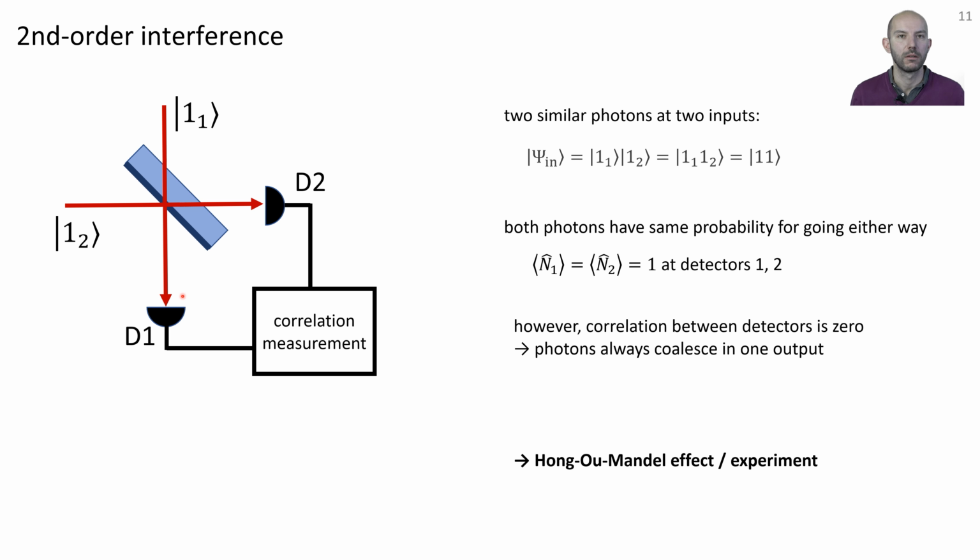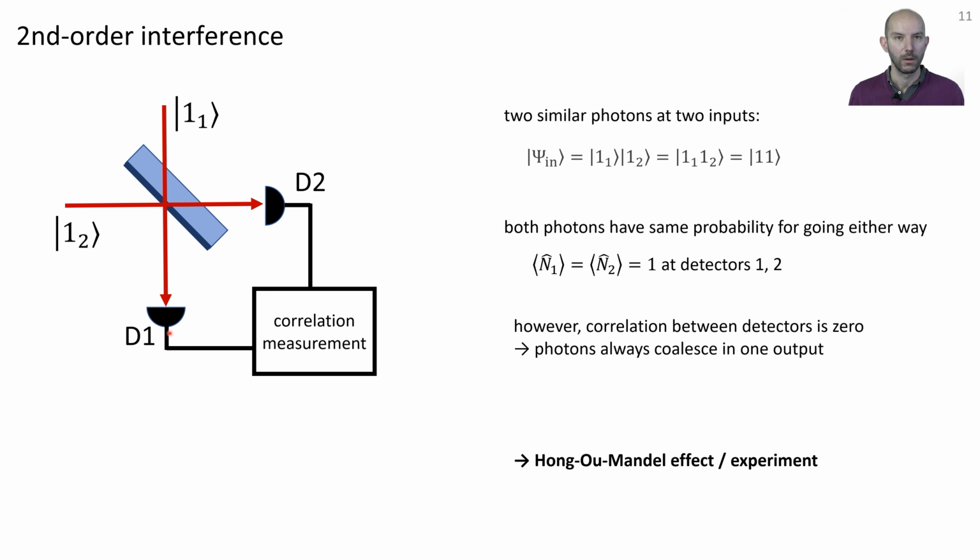Let's look at this a little bit more formally. What we have at the input is basically a multiplication of these two single photon states, one photon in arm 1, one photon in arm 2. If we look at the two photons individually, both of them have the same probability of going to detector 2 or to detector 1. On average, we will also find that one photon always goes to detector 1 and one photon goes to detector 2.